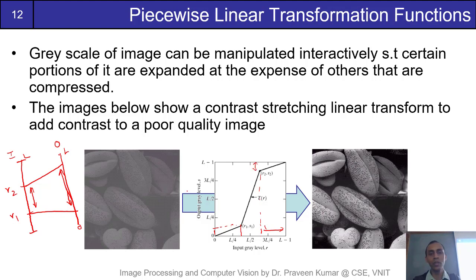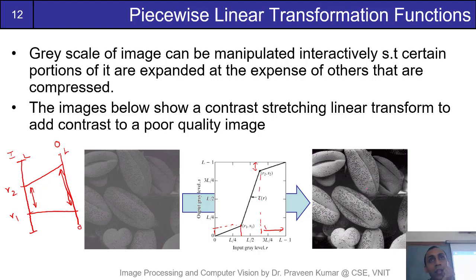So the result will be like this, because if I show the histogram of this image, you will see that most of the intensity values are distributed between this range. If we apply this kind of linear transformation function, we'll get an amazingly improved image with a much higher contrast and all the details very clearly visible in the image.